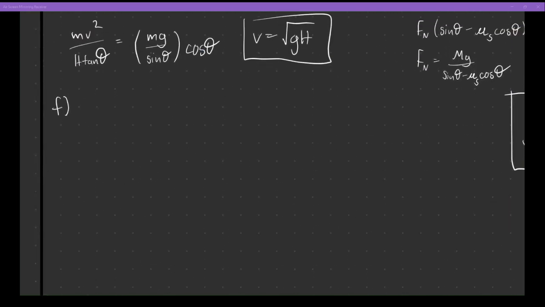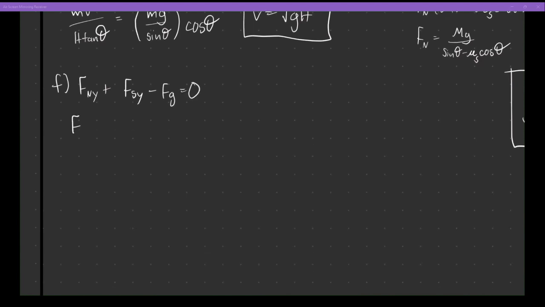Find v min, so now the f of s is just switched. I'm going to start off with the y direction, so it's just f in y. Now it's plus f s y instead of minus f of g equals 0. So I'm going to expand this: f of n sine of theta plus f of s cosine of theta is equal to f of g.